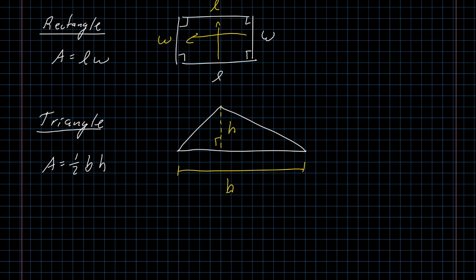One of the things that tends to really throw students off working with triangles and some of the other shapes we're going to be dealing with as well is that sometimes the base and the height don't really feel like they line up.